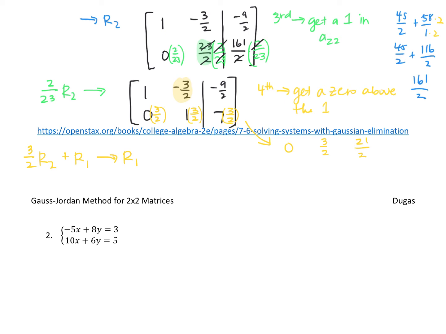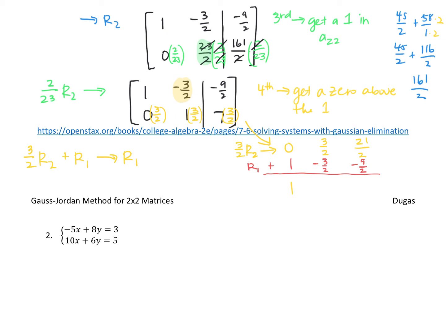So this is 3 halves times row 2. That's what we get. Now what we want to do is add row 1. Okay, so row 1 is 1, negative 3 halves, and negative 9 halves. Okay, so let's see what we get when we add those.